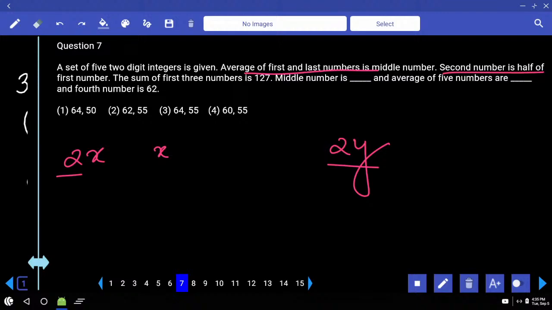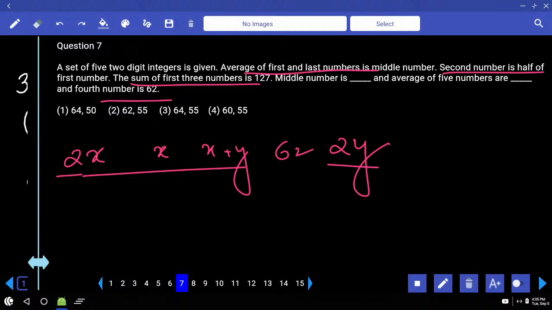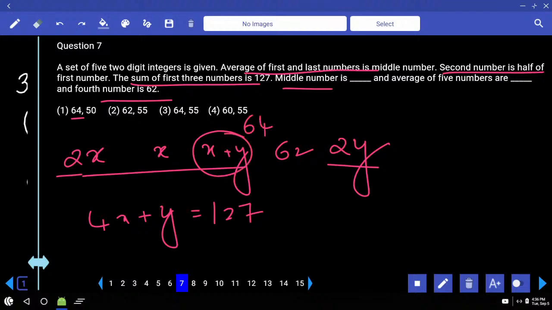What is the average of first and last? 2x plus 2y by 2, that is x plus y, and the fourth number is 62. Sum of the first 3 numbers is 4x plus y, isn't it? Which is equal to 127. Then he is asking for the middle number and the average of the 5 numbers. Let us consider the first option. If the middle number is 64, therefore x plus y is 64.